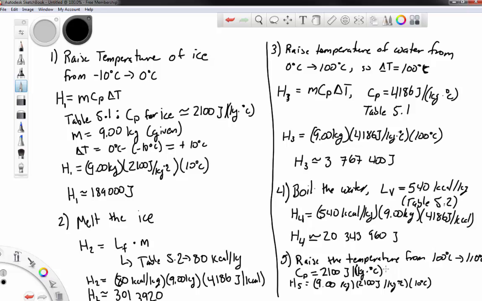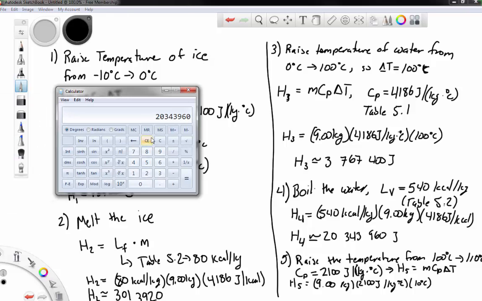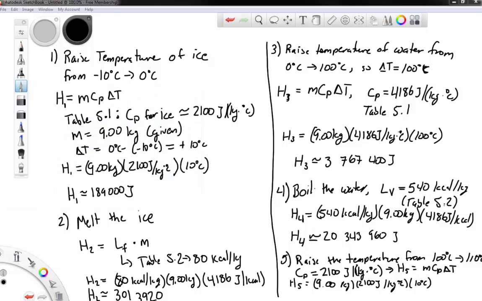Again, this is using the equation heat is mass times specific heat capacity times change in temperature. So now let's plug these things into our calculator. 9 times 2100 times 10, and you get 189,000 joules, which is good news because that's actually what we got for heat number 1.